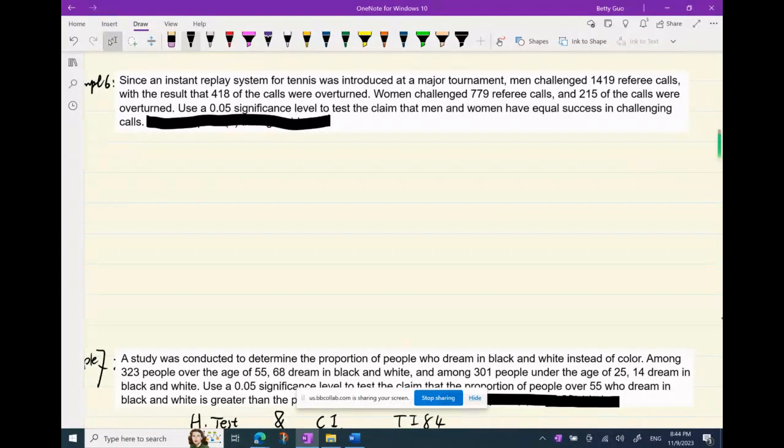Okay, so let's say the male is sample 1. So sample 1 size is 1419. Yeah, this one we can say is the success rate, right? The number of successes: 418 were successfully overturned.